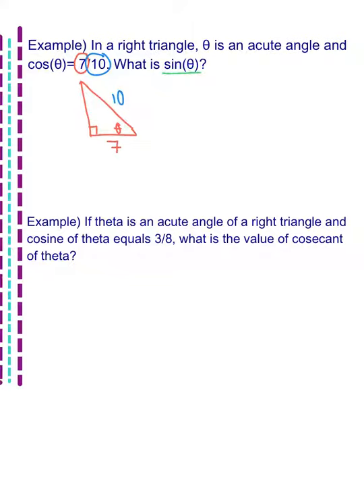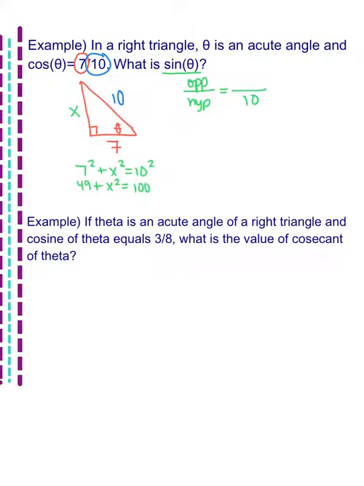Well, to know sine of theta, I would need the opposite side over the hypotenuse. I know the hypotenuse is 10, so we have to solve for the opposite side, and I'm going to have to use the Pythagorean theorem to do that. Let's call it x. So I have 7 squared plus x squared equals 10 squared. 7 squared is 49, and 10 squared is 100.